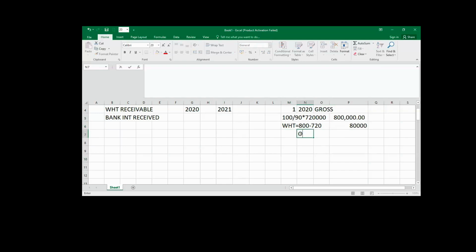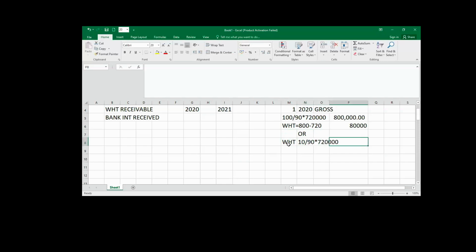Or instead of grossing it up, you can calculate the withholding tax straight away. Since you know that withholding tax is 10%, it will simply be 10 divided by 90%, since the value given to us is at 90%, multiplied by 720,000.